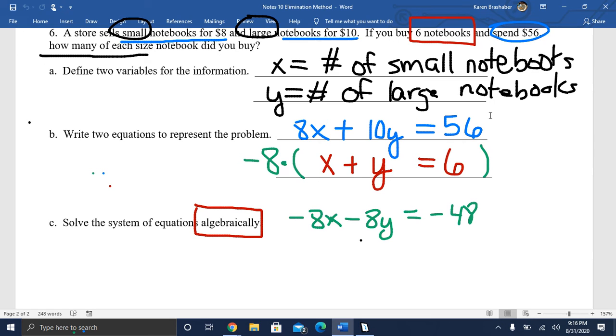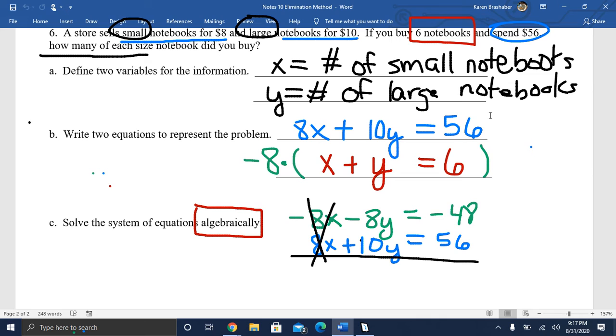Now, underneath that, I'm going to recopy my top equation. And I spoke to you about that earlier. You need to recopy your second equation so that they're stacked up and your eyes can see the 2 equations right together. All right, so my negative 8x and my positive 8x eliminate.